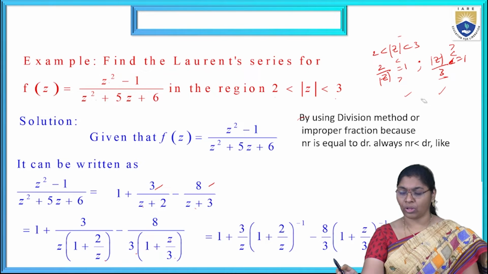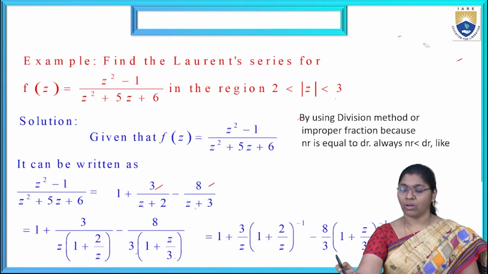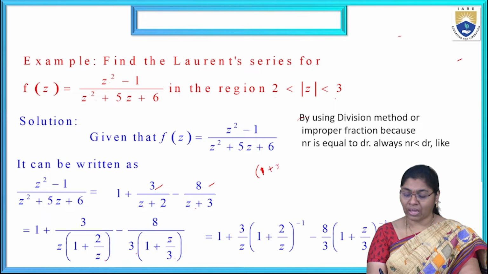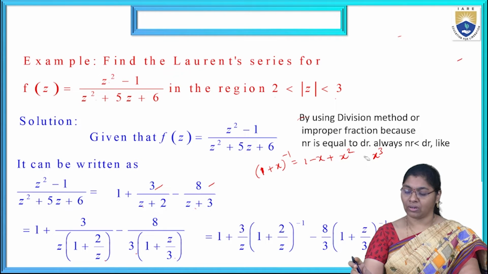Now from here onwards we know the procedure, that is 1 minus x whole inverse and 1 plus x whole inverse. What is the formula? 1 plus x whole inverse equals 1 minus x plus x square minus x cube plus x power 4 minus x power 5, like that.